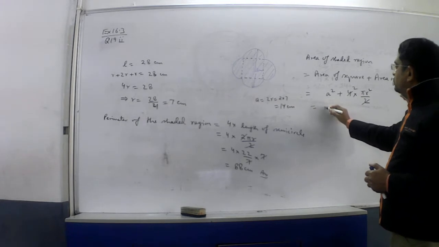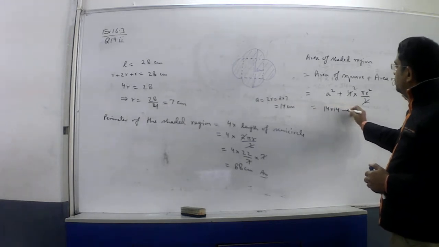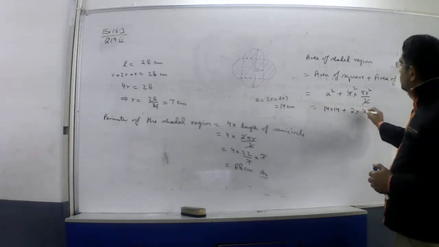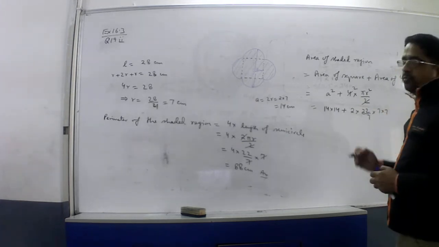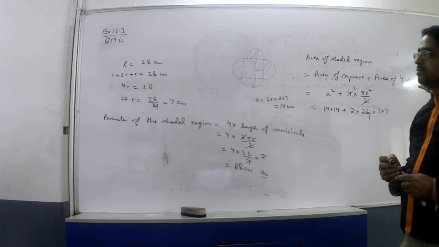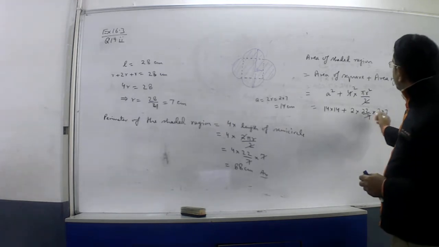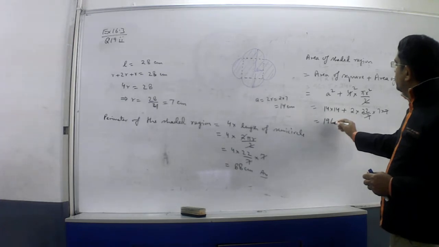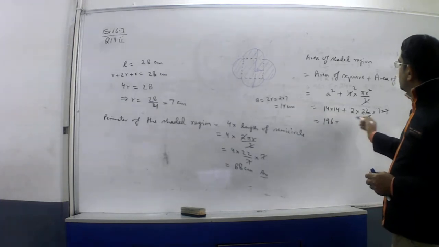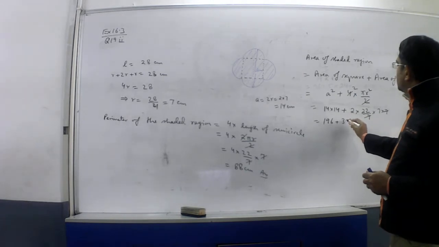So the area of the square means 14 into 14 plus 2, put the value of pi, and r also you can put here. Now you can simplify it. So this you get 196, and this, okay.